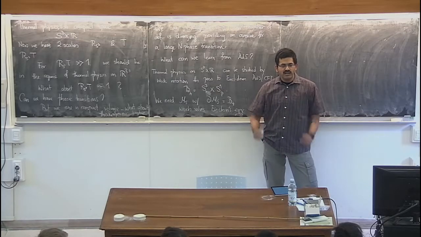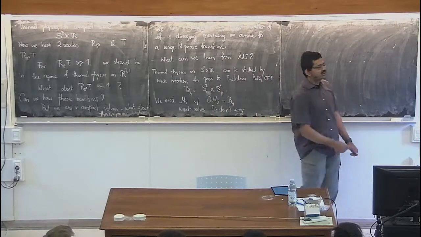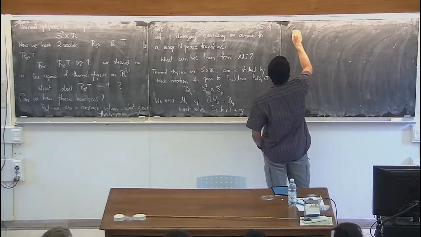So even without solving Einstein's equations, just at the level of topology, there are two distinct topologies for M5.